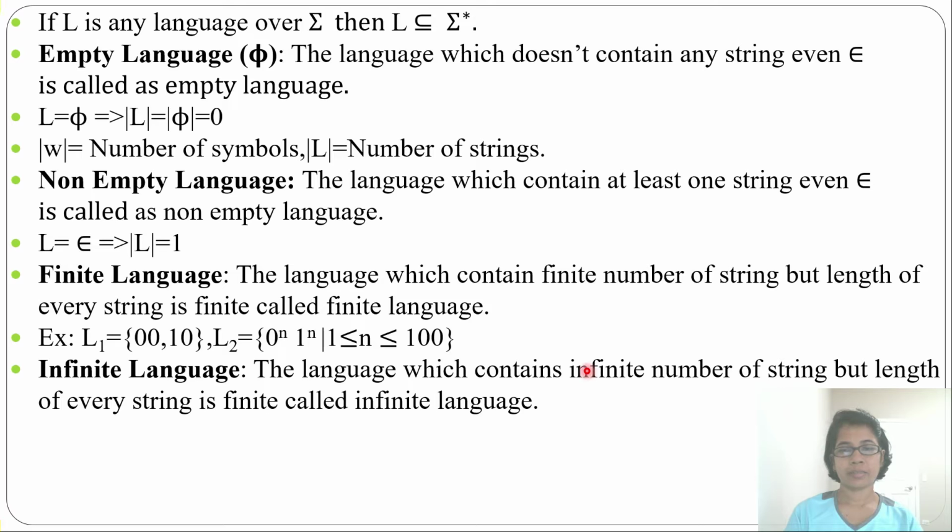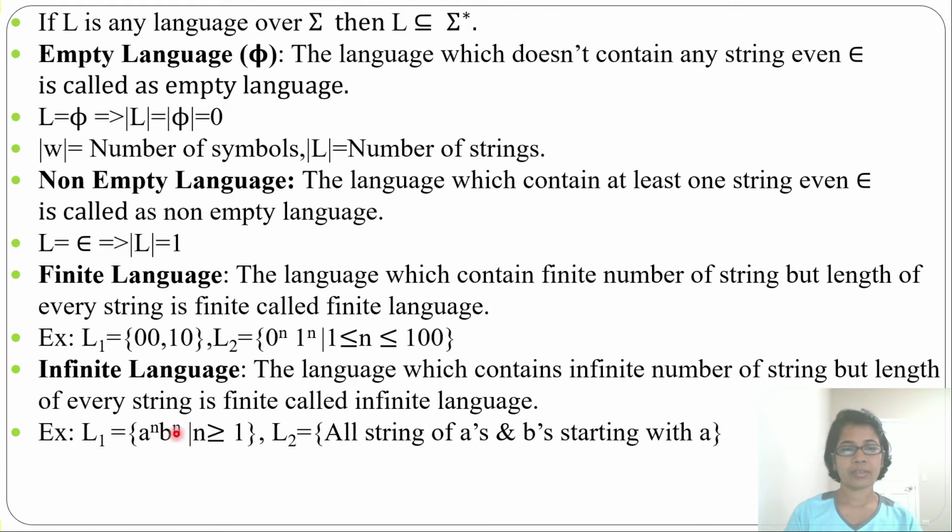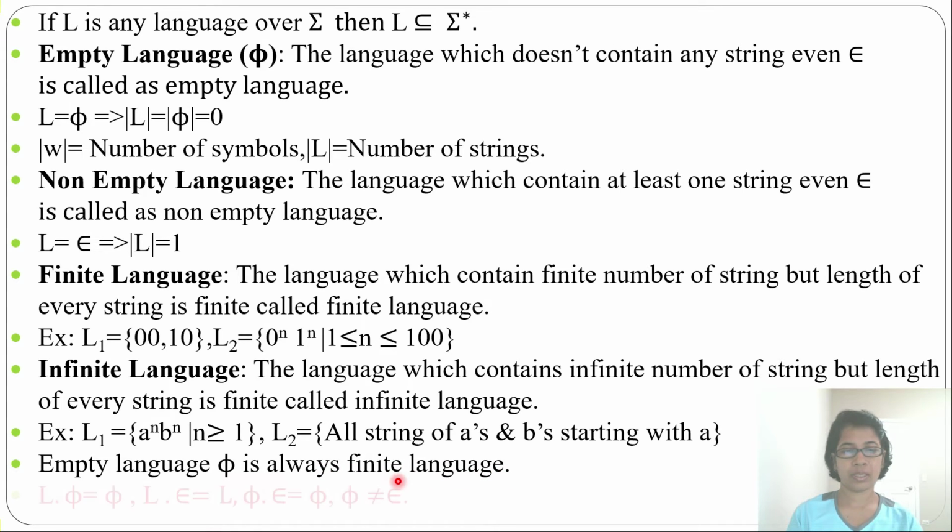Like here, n is greater than or equal to 1, so it contains infinitely many strings. Even in a statement you can write all strings of a and b starting with a, which is infinite. The empty language phi is always a finite language because its size is 0, and you can count it.